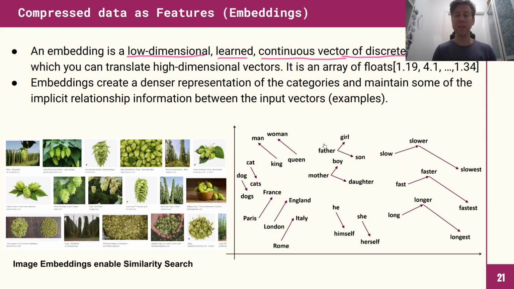On the right hand side, we can see some words, and you actually can do arithmetic on these vectors. You can take, for example, the word mother, and say mother to daughter is a relationship. You can compute this vector, which represents the distance and the direction from the word mother to daughter in a data set of words. So with this vector, we could say, I have the word father.